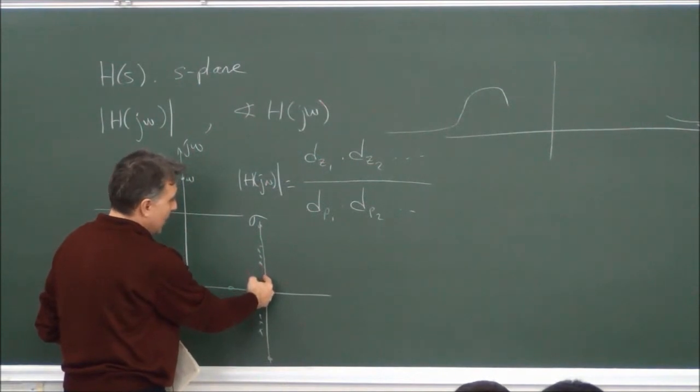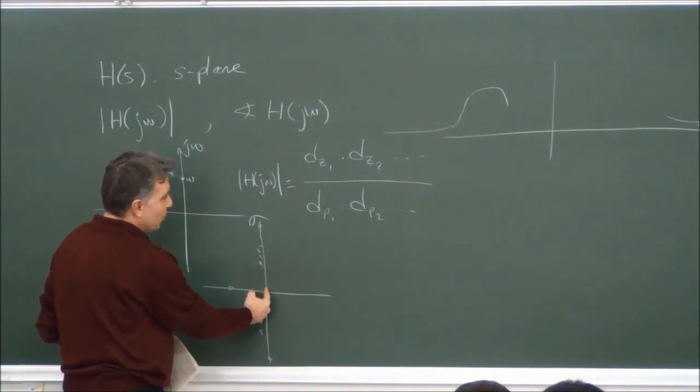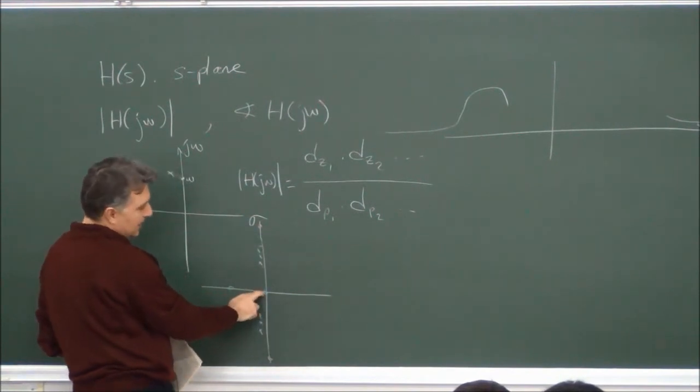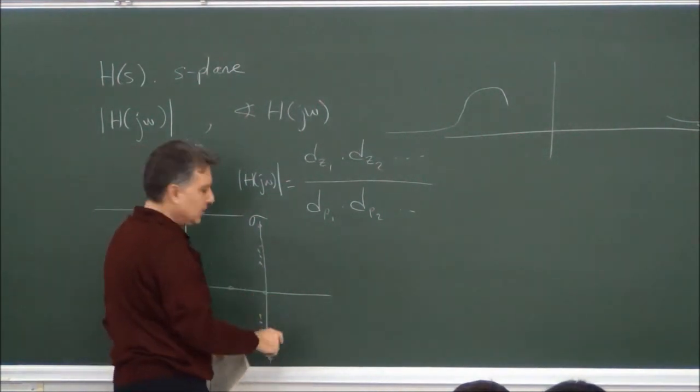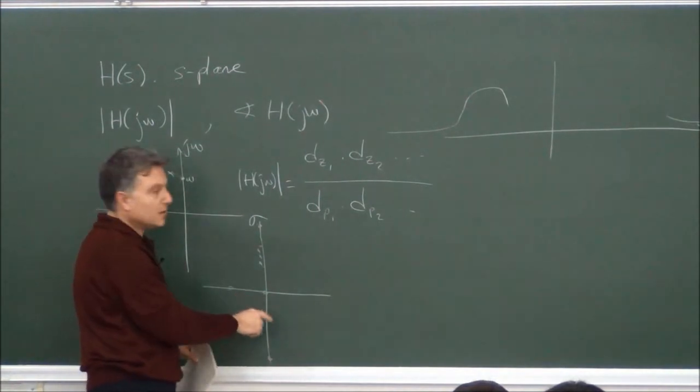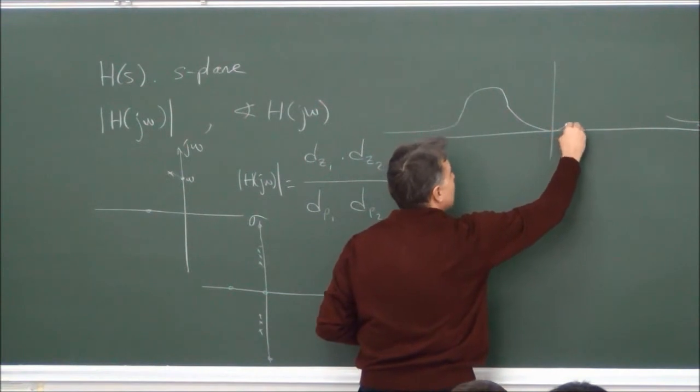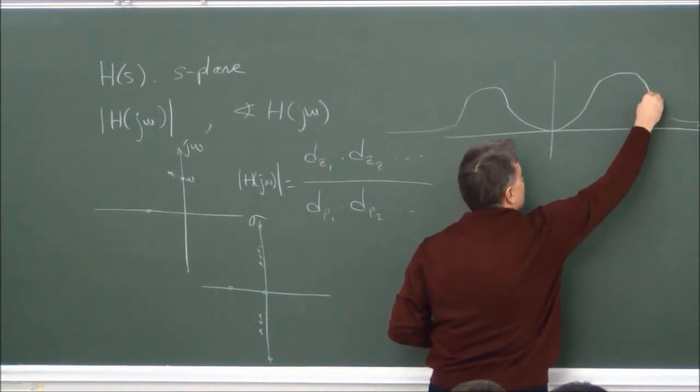And as you go away from them towards the zero frequency, it will become smaller and smaller, and at this point, for example, it has to touch a zero because there is a zero at this frequency. Probably it will be something like this, and symmetric.